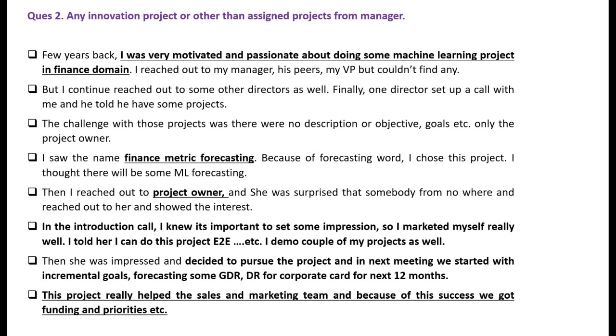So you can include some of your innovation projects that you have done. Just make sure that you're ready with some project and you explain what you have done in that particular way.